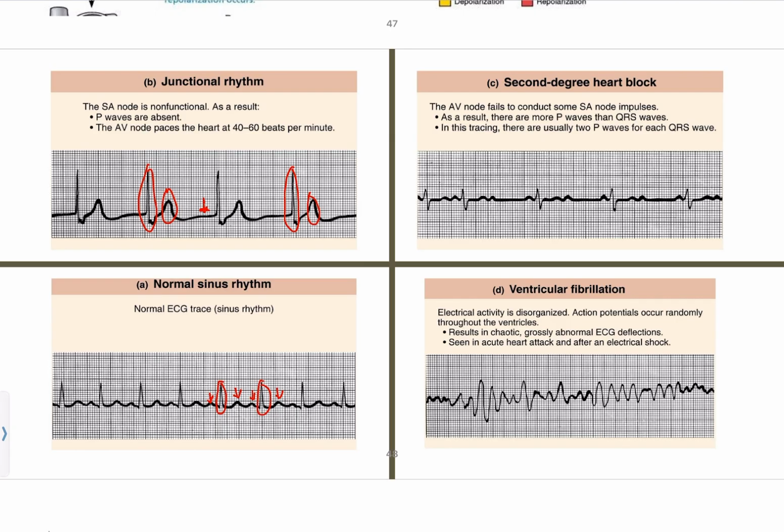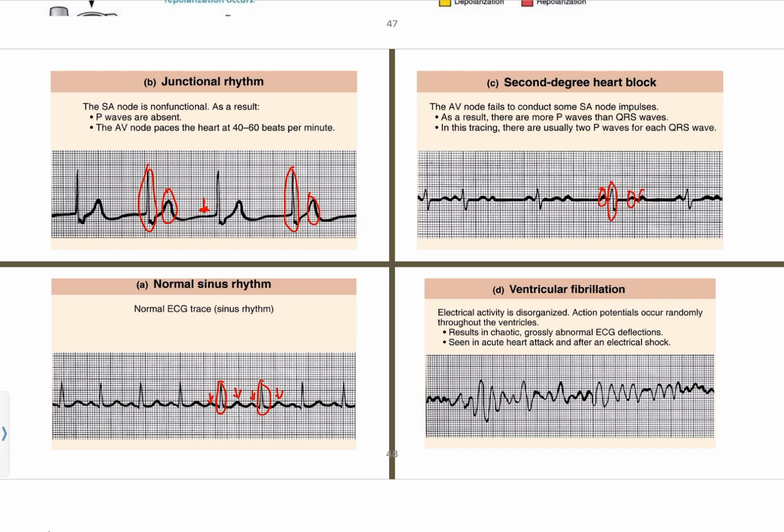The other thing that we can have is second degree heart block. We're still sending signals from our SA node to our AV node, but our AV node isn't sending all the signals beyond that. So we still see our normal P wave, but we're not going to see as many QRS complexes because we're not generating the signal from our AV node down to our ventricles. What we see here is a P wave, a QRS complex, and a T wave just like normal.